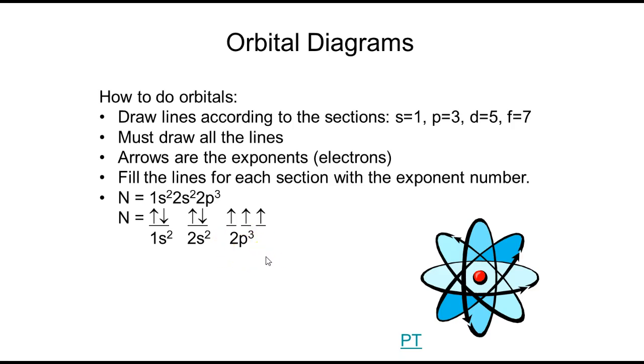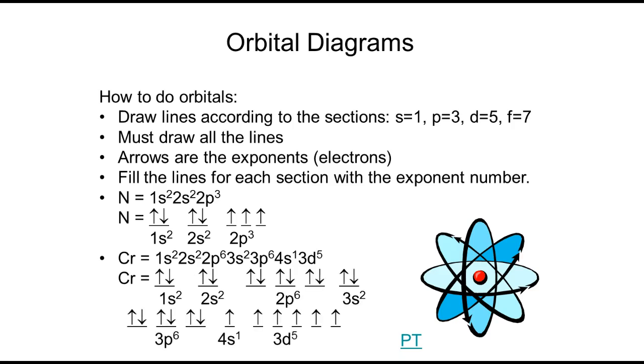Okay, so here is another one to see. Chromium. Remember chromium? Chromium was one of our exceptions, where we took 1 electron out of the closest S and put it into the D for stability, because we wanted to be half full or completely full. So what does it look like?